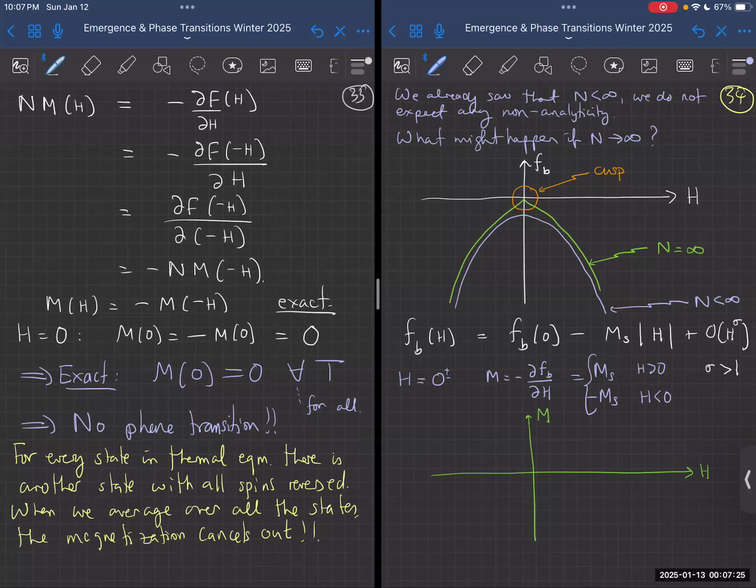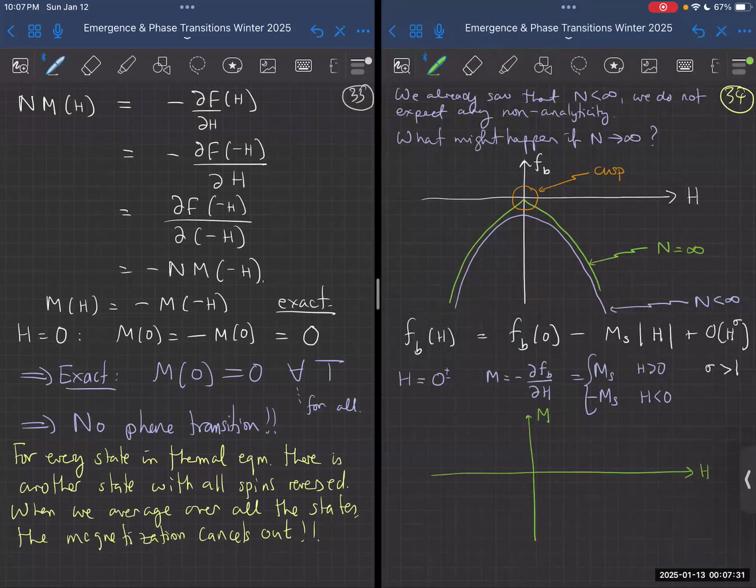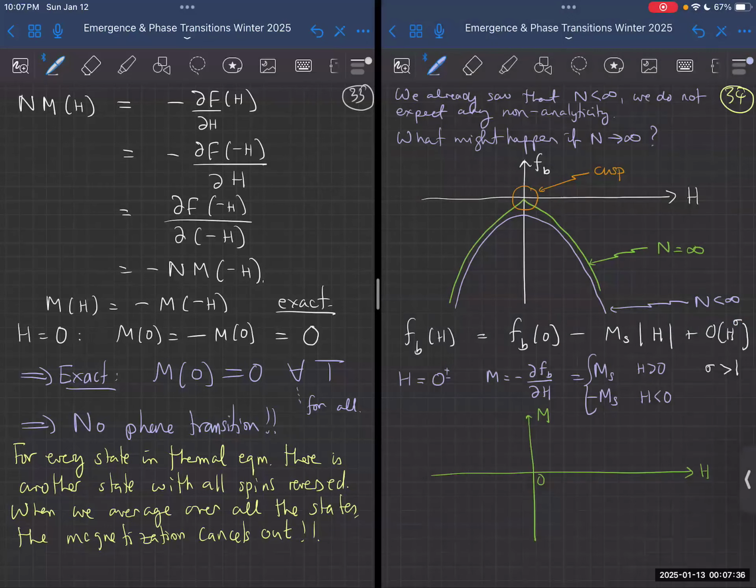Well, we know that M as a function of H has to go to 0 at the origin. So here's the origin. If n is less than infinity, this behavior is going to look something like this. As we apply a bigger and bigger magnetic field, M will eventually saturate to a value 1, and it will have some behavior that looks something like this.